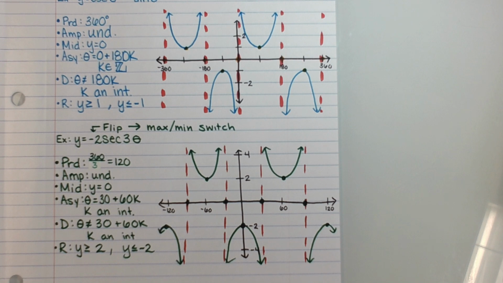For my two graphs that I started with, this is what the sine and the cosine functions would have looked like. This one was just a regular sine function, and if you had negative 2 cosine of 3 theta, it would have looked like this graph.